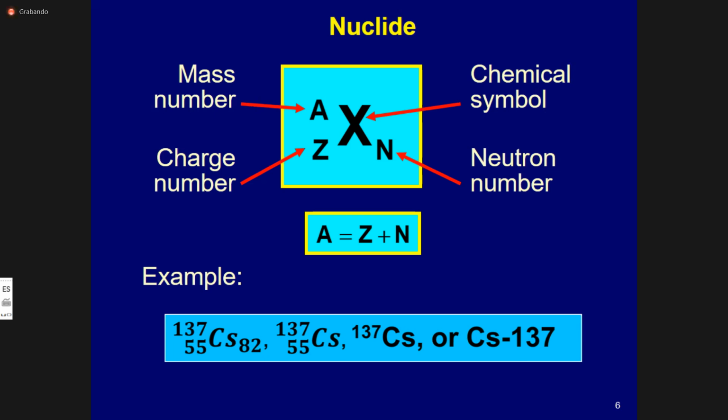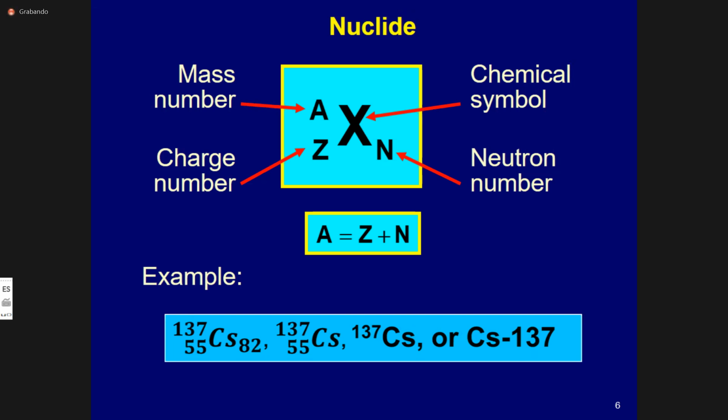Sometimes we have the possibility to omit some of these additional indexes, because all isotopes of the element cesium will have the same Cs sign. That means all of them have 55 protons, so we can omit 55.